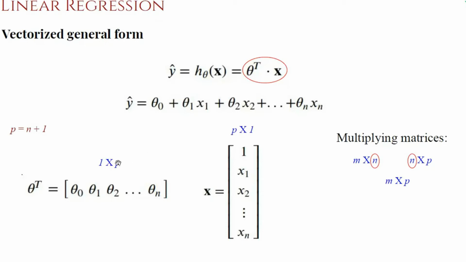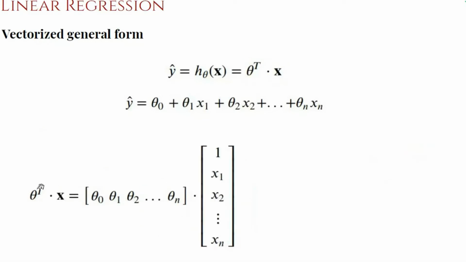Now the number of columns of the first matrix and the number of rows of the second matrix are the same, so we will be able to multiply. The result will be 1 cross 1, which is just a scalar value. So when you do this dot product between these two vectors, you end up with a scalar value. That's what is essentially happening here. But let us look at what we mean by performing matrix multiplication.